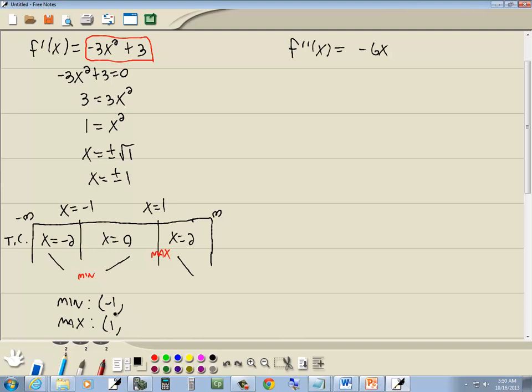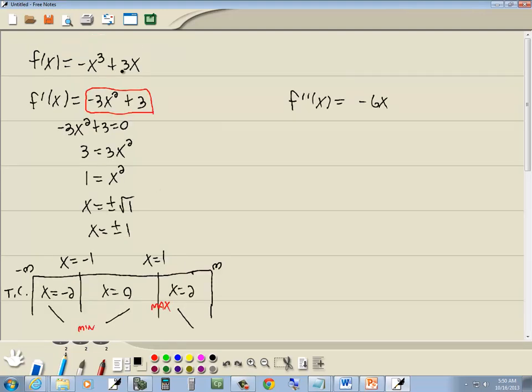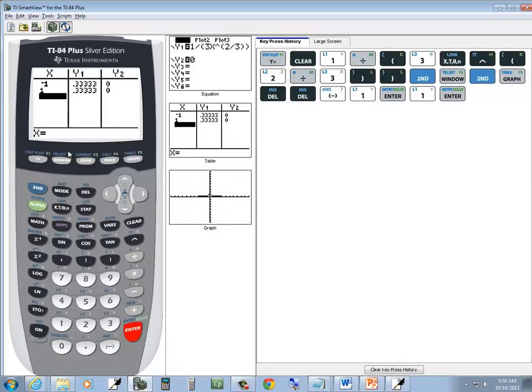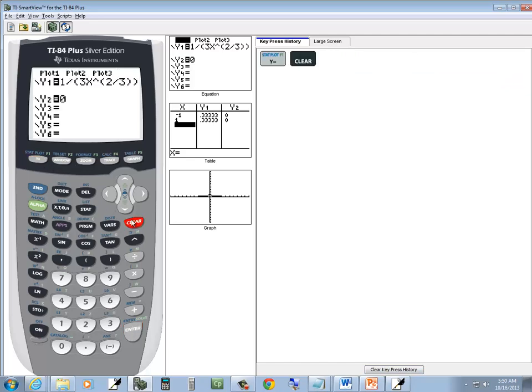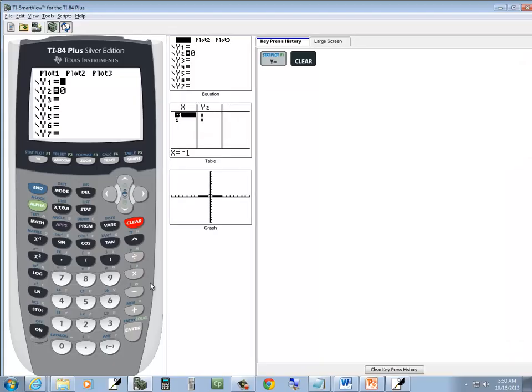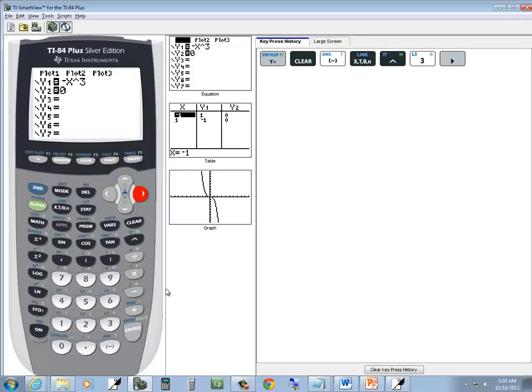Now I'm going to plug my original function into my calculator, even though this is pretty straightforward. So press y equals, clear, negative x to the third. Press your right arrow key to get out of exponent mode, plus 3x.